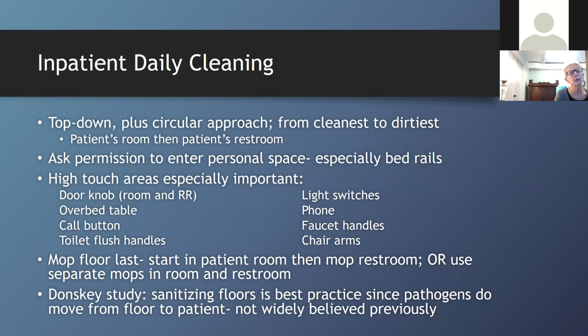If the patient is in the room for the daily cleaning, they try, as Jason added here, to ask permission to enter their personal space, because even though it's their job to clean the room, that still really is the patient's personal space. It may be that they say, no, we'd like for you to come back a little bit later, and sometimes that can be accommodated.